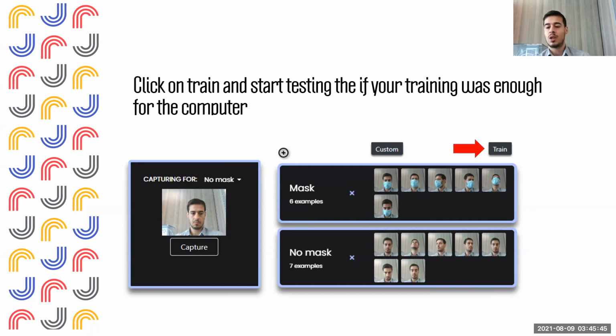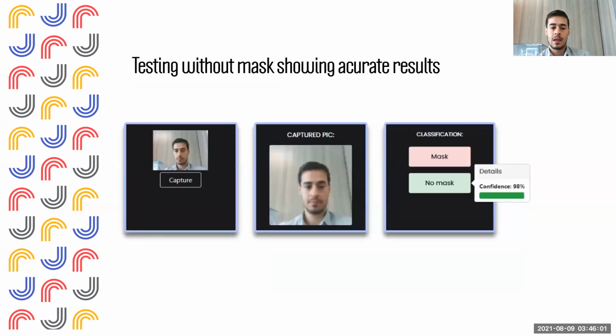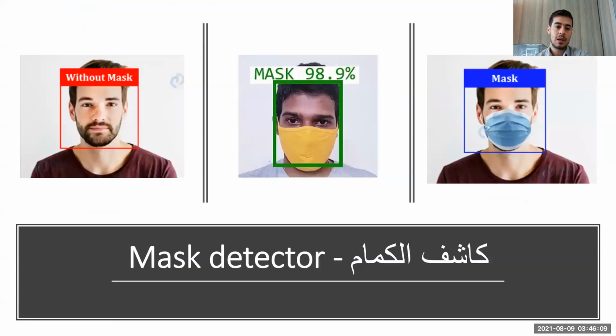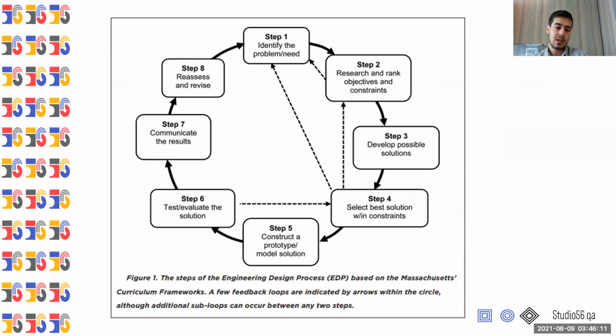Then we can train this software, make the training program on the platform, and add more pictures. You can add pictures of you or another person. The more pictures you put, the better the result you get. Then we can start seeing the result as we have here in the engineering design process.